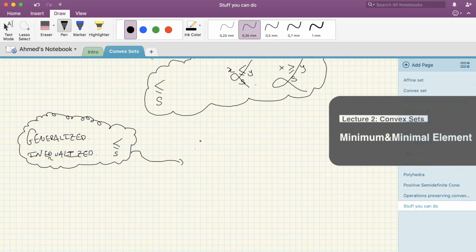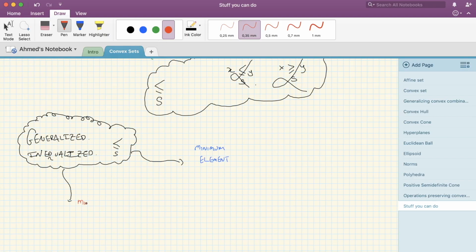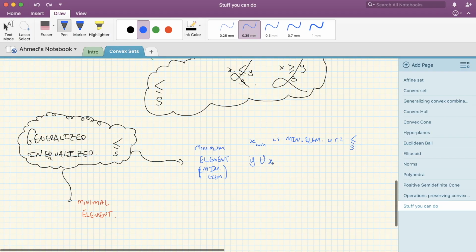So now, what does a minimum element mean? You need to make the distinction between a minimum element and a minimal element. It's totally different. When we talk about a minimum element, it means that you're allowed to say that a point x_min is a minimum element, with respect to the generalized inequality with respect to S, if for any other x I pick.